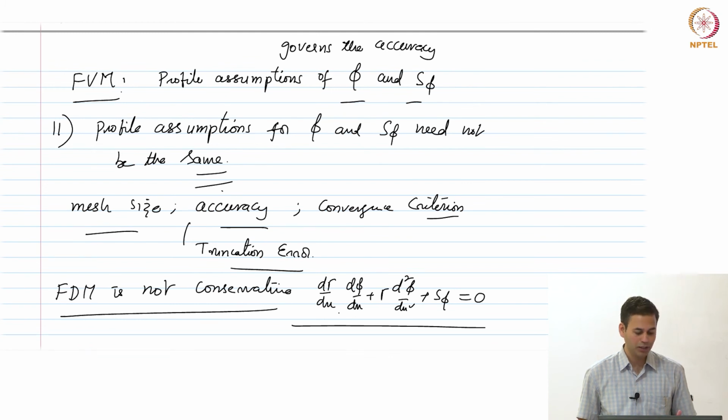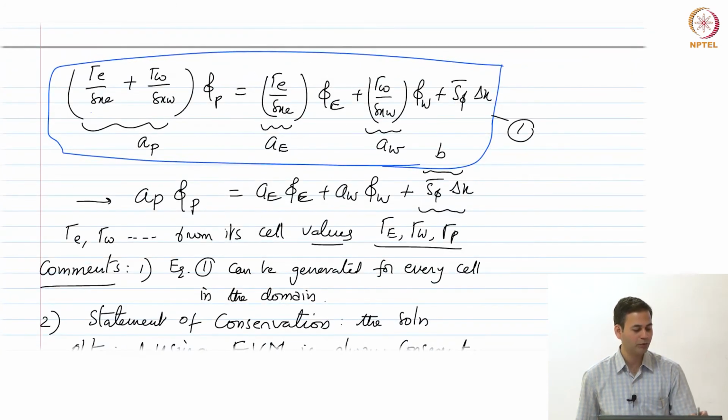Now, this will be there in your assignment. So, I will set up a problem where you would work with both finite difference and finite volume for a 1D system, and you would prove to yourself that it will not be conservative even if I include all these terms. Of course, if you look at the equations, one thing you can see is that these terms here have only delta x in the denominator, right?